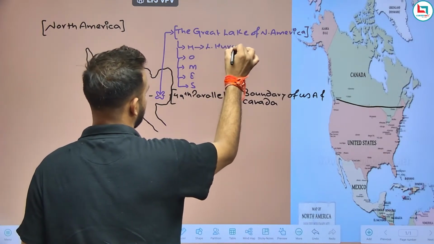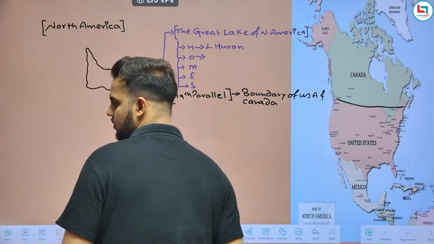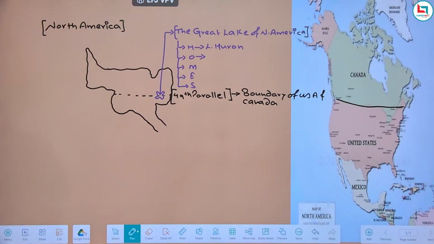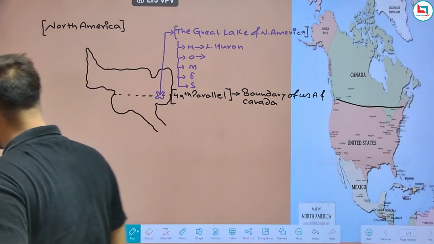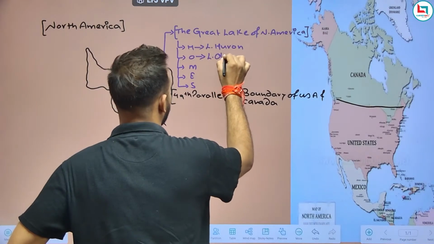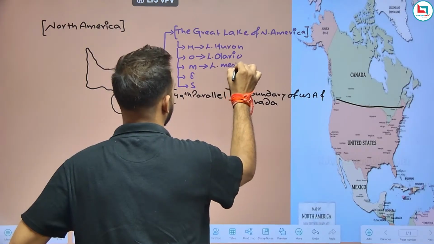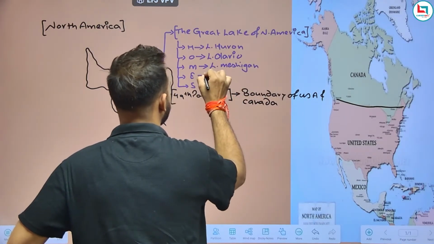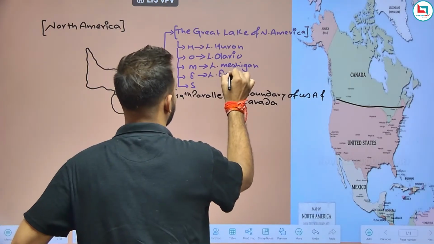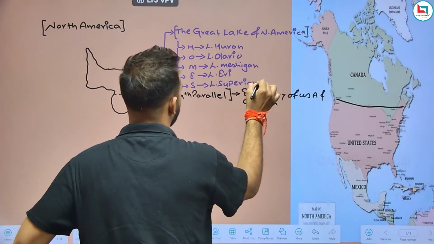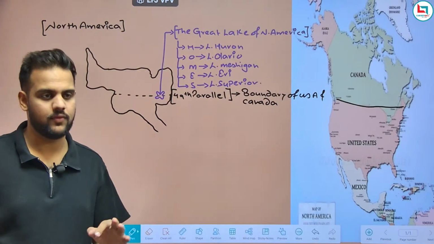O stands for Lake Ontario. M stands for Lake Michigan. E stands for Lake Erie. S stands for Lake Superior. These are the Great Lakes of North America.